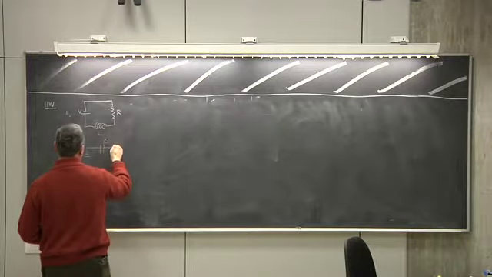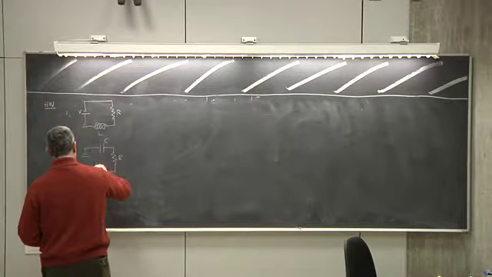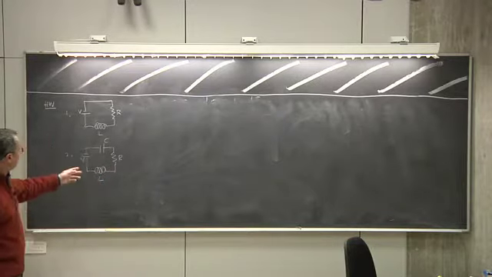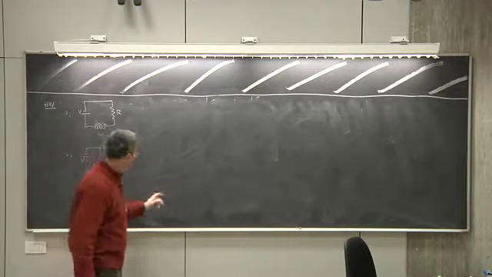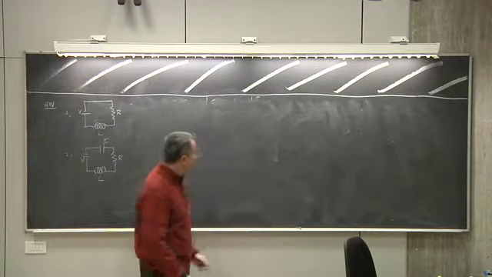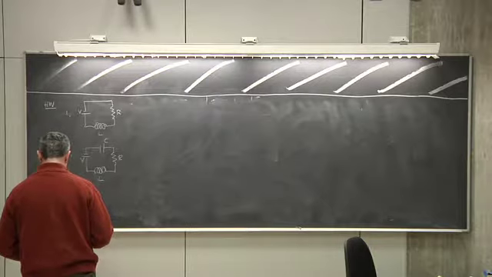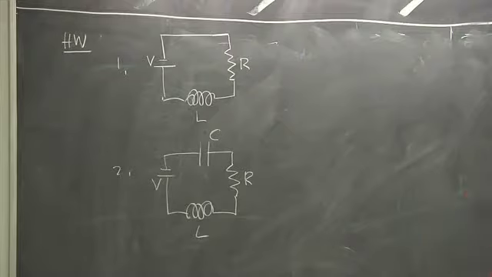This is C, then you have R, and then you have the spring. Now you can write the new differential equation because you have this extra piece that I wrote there. Then again, we discuss the possible solutions.